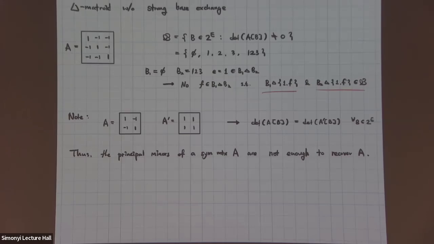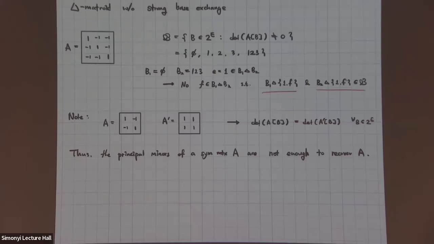So the delta matroid, even for the representable delta matroid, does not satisfy the basis exchange axiom. And this implies that if our delta matroid is the support of a certain point parameterized by the symmetric matrix in the projective space, then it must satisfy certain quadratic or homogeneous relations. But since it does not satisfy the strong basis exchange, it cannot be.